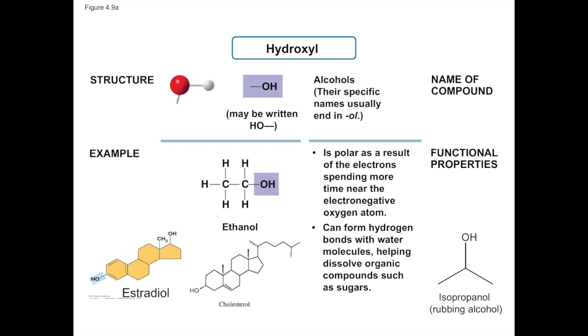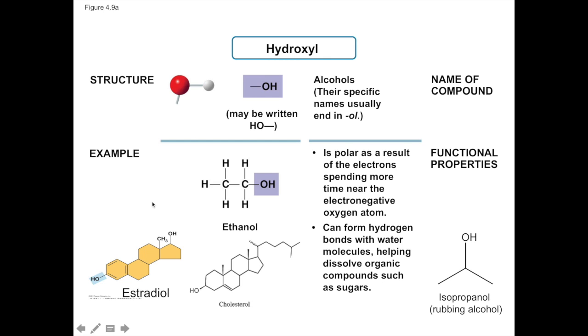So the first functional group I want to tell you about is called a hydroxyl group. And it looks just like a hydroxide ion, but when it is attached to a carbon, it doesn't act like a hydroxide ion. Molecules that have hydroxyl groups on them attached to carbon are called alcohols, and the names of them typically end in OL.